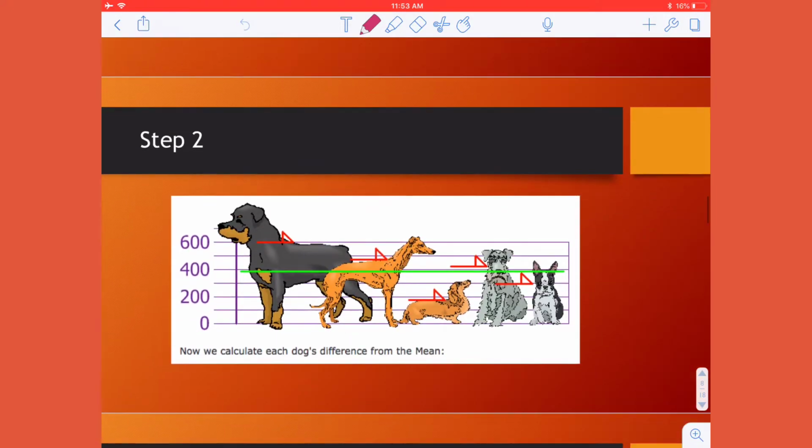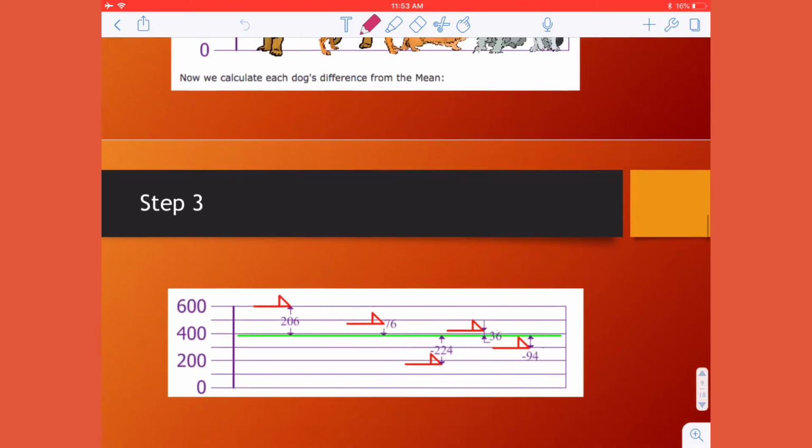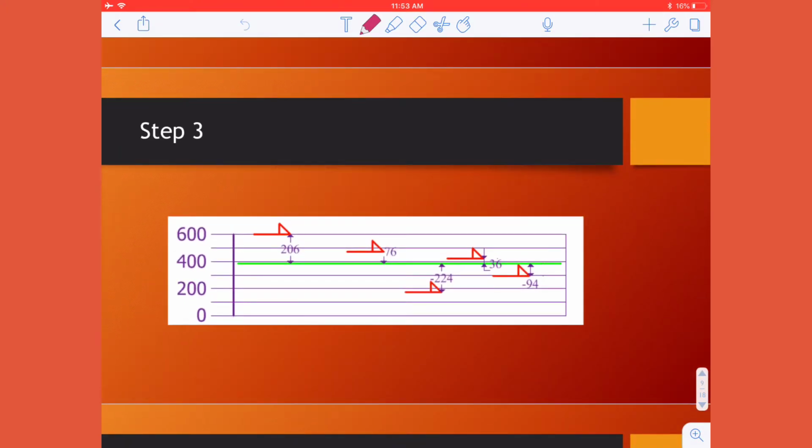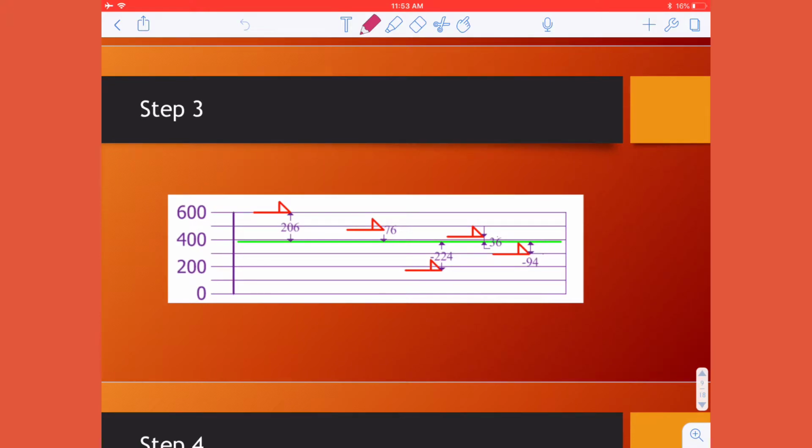So when I go to my step 2, I'm going to plot using that green line where my average is located. And now what I want to do is figure out what is the distance that each individual height is away from the mean.